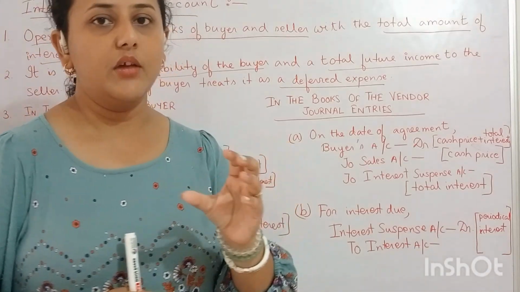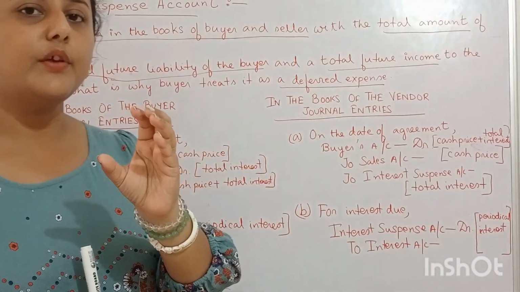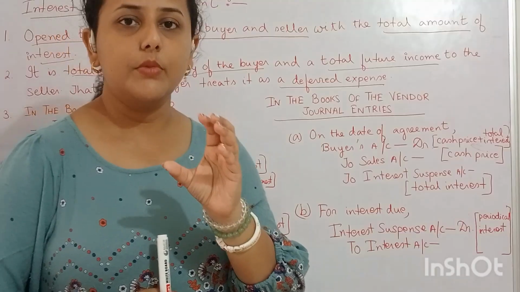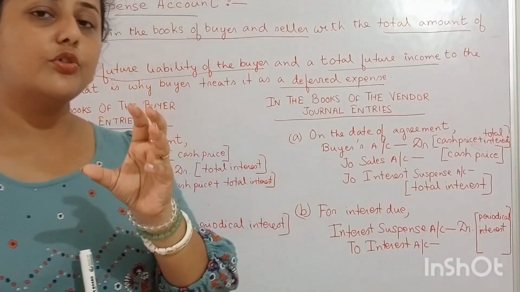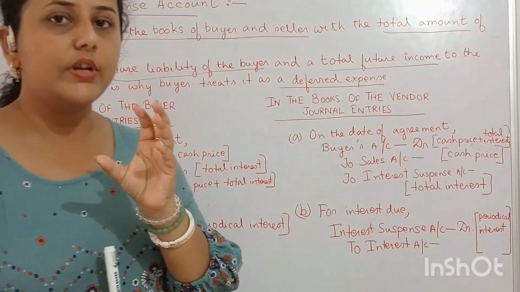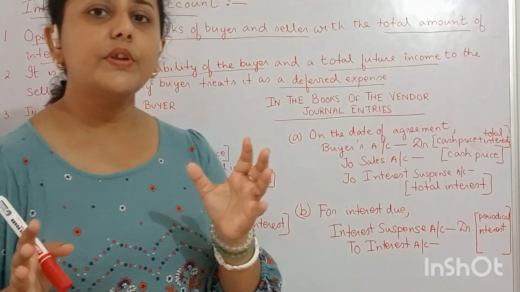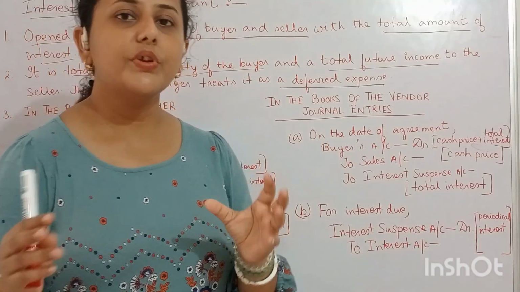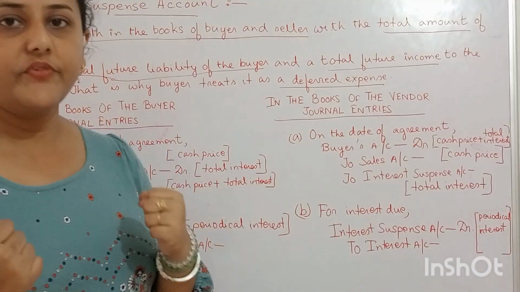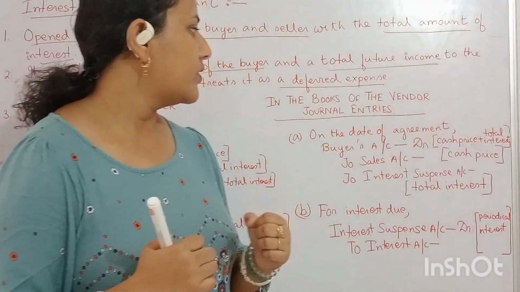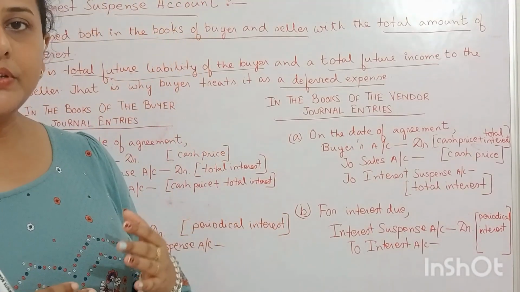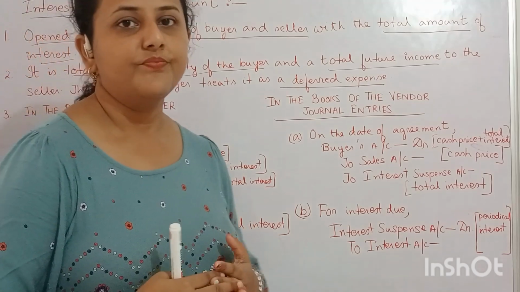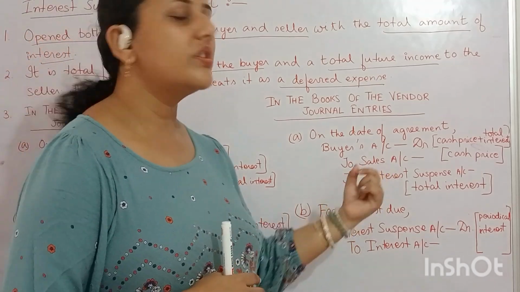But since the amounts will be received in very small denominations, because periodical installments are so small, the full cash price will not be received together by the vendor. So it is part payment, so it's like revenue. So sales account is credited.